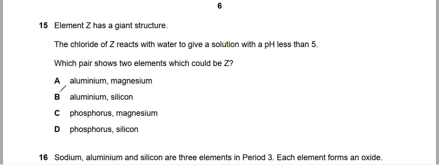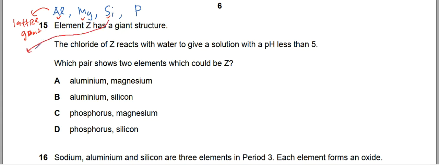Question 15: the element that has a giant structure. We are considering 4 elements here: aluminum, magnesium, silicon, and phosphorus. Basically the metals have a metallic lattice, so these are considered giant structures.